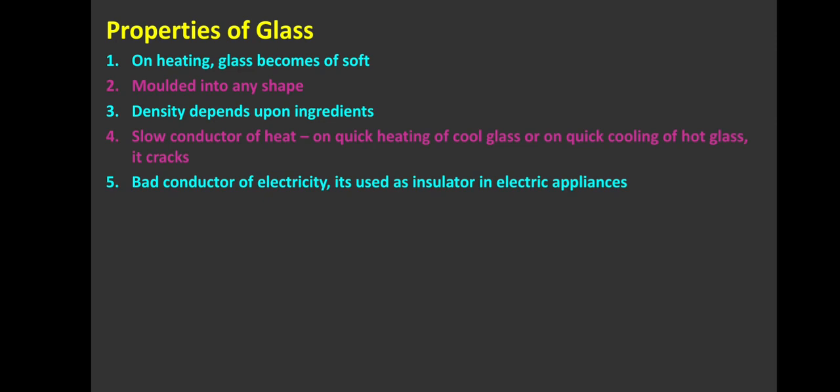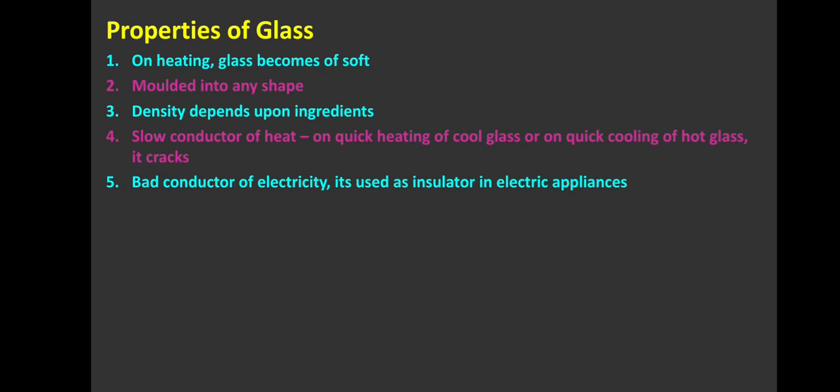Since it's a bad conductor of electricity, this glass is used as an insulator in electric appliances. Many of the electric appliances, if you see, the glass is being used. If you have any time used or seen an induction, there also you will see the glass being used. Even in the electric stove, that is the gas stove that you have at your place, there also you might have seen glass.